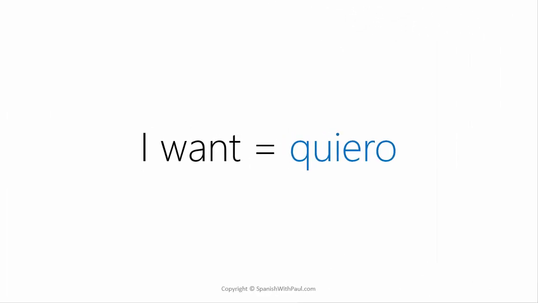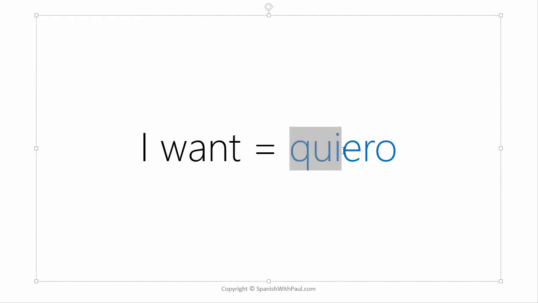To say I want in Spanish is quiero. So we have QUI for qui and then ero, quiero. In English we have the I here, but Spanish verbs work quite differently.